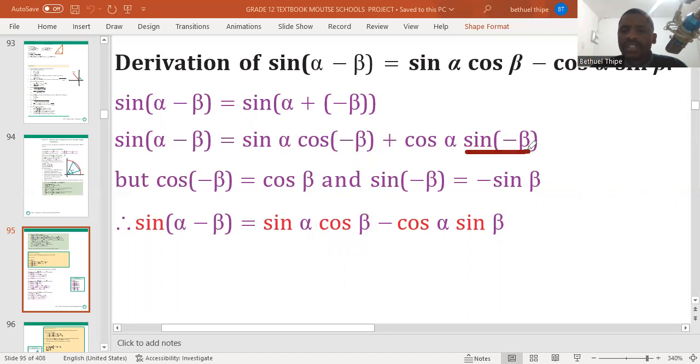When we look at this part here, we notice that we have a negative inside the brackets, and sine is odd. When we say sine is odd, we take this negative to the back of this sine here. As we can see, we have a negative this side. So this is how to derive this type of problem whenever we're given them to derive.